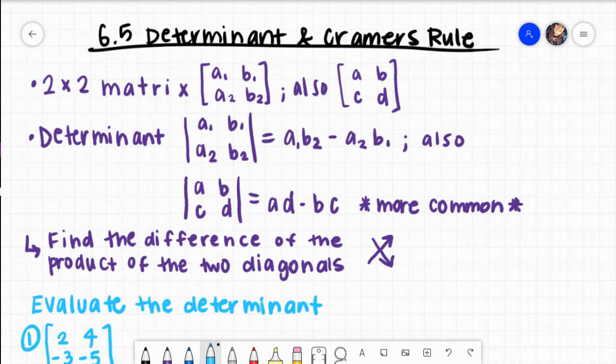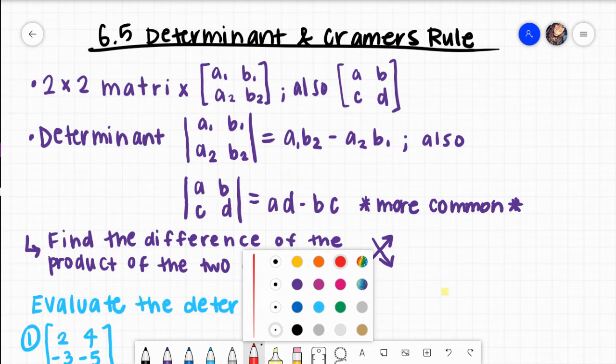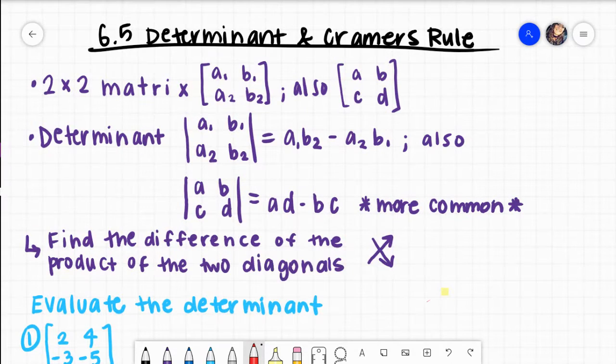So I think a more common way would be what you see right here, which is A, B, C, D, right? And so the reason why this is a 2 by 2, they're talking about the rows and the columns.